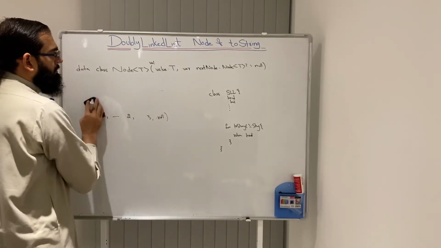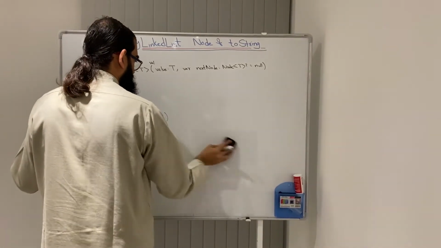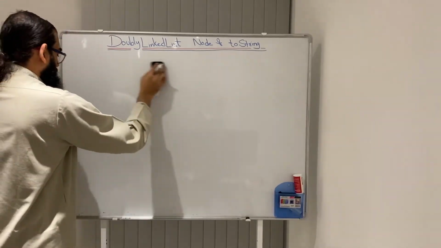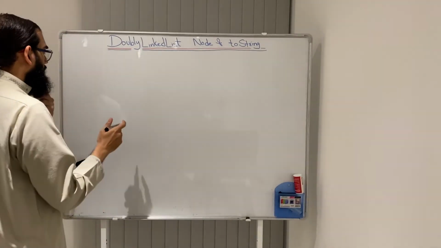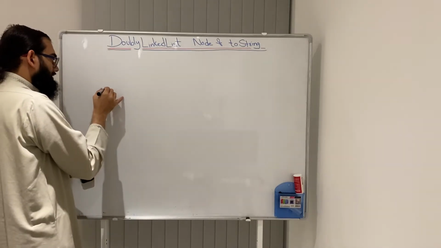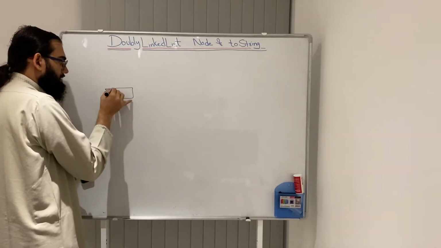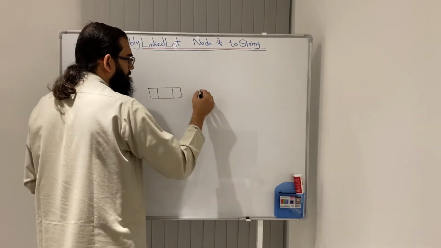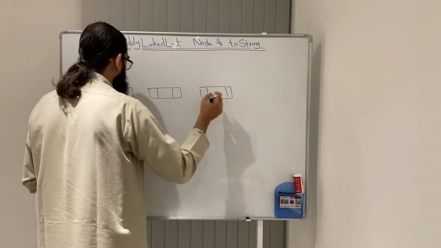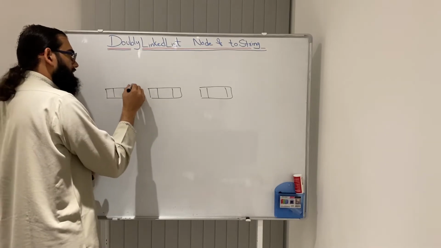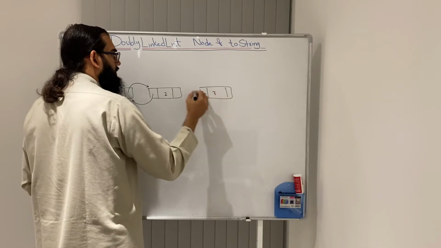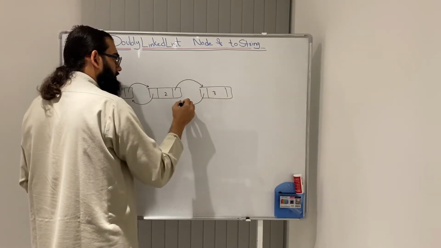Now what is the problem in a doubly linked list? Before writing the node, we can see how it looks. A doubly linked list is like this: I have the next node, the previous node, values 1, 2, 3, each with next and previous.